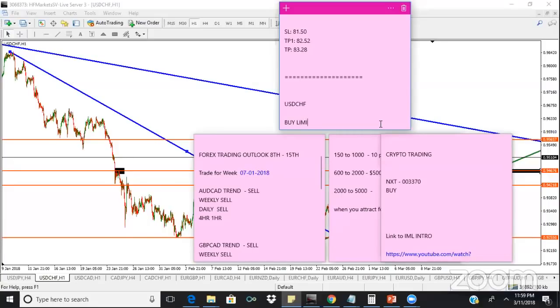limit. You're looking at it around 0.99467. That's buy limit. Stop loss, SL.